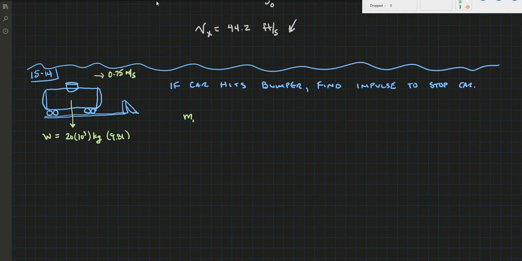So let's go ahead and figure this out. Momentum 1 plus our impulse, I'm just going to draw it as the integral of F dt, equals m2 v2. So m1 v1 is 20 times 10 to the third times 9.81, plus, we'll just put an I in here for the impulse, equals 20 times 10 to the third times 9.81.